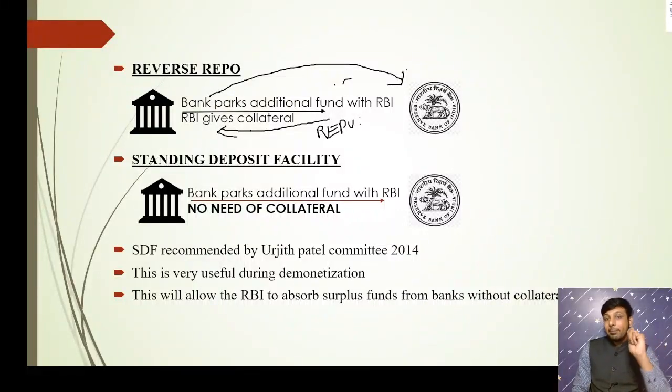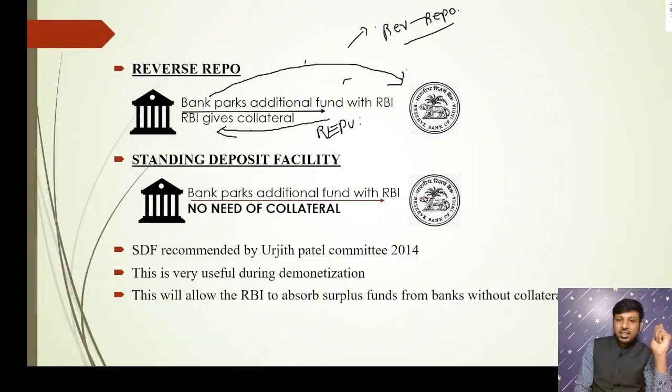For this, the bank will charge an interest rate like the repo, but it is known as the reverse repo rate. It is a technical term for the interest rate charged by the bank to the RBI. The reverse repo rate is always less than the repo rate. The repo rate is always greater than the reverse repo rate.